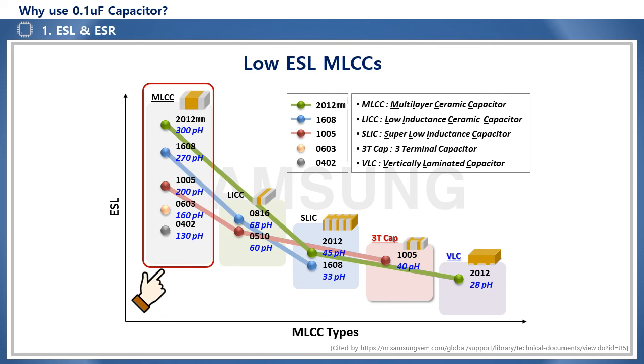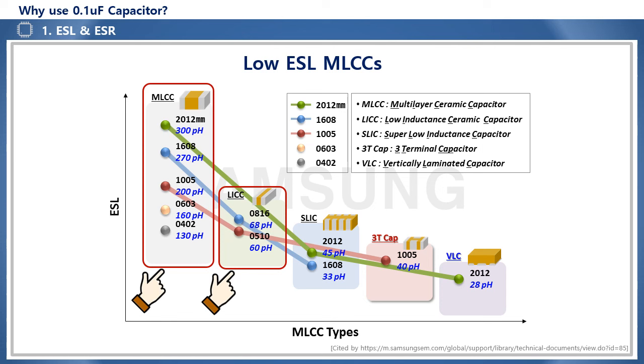Looking at the general trend of ESL values by capacitor type, we can see that MLCC has a value of over 100 nanohenry, and the larger the package, the larger the value. Therefore, we can understand that a smaller package is advantageous for countermeasures against high-frequency noise. Low-inductance ceramic capacitor, or LICC, is a vertically elongated package that reduces ESL, and has an ESL value of 60 nanohenry. It has the characteristic of reducing ESL by half compared to MLCC.